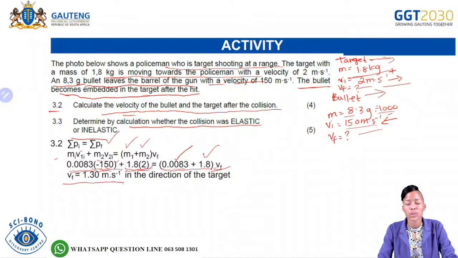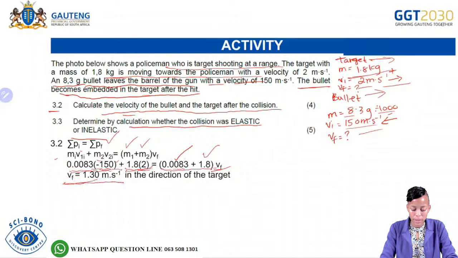Okay, another thing to note is that velocity is a vector quantity. A vector quantity is a physical quantity which has both magnitude and direction. So your answer must have magnitude.